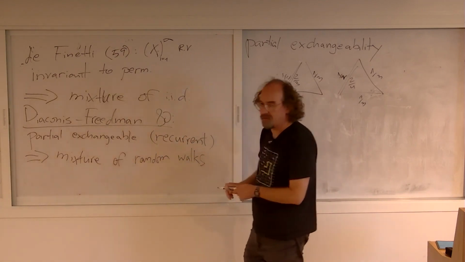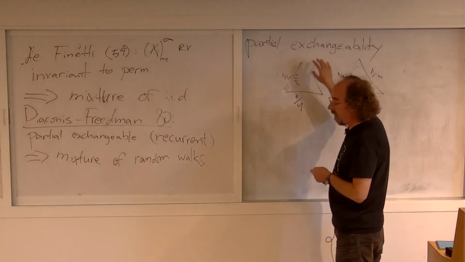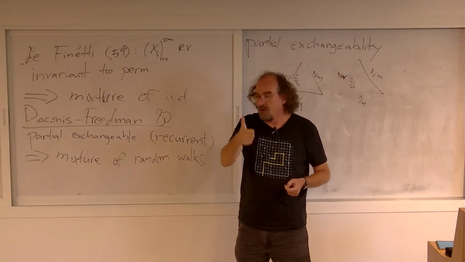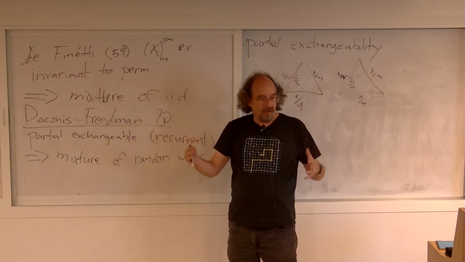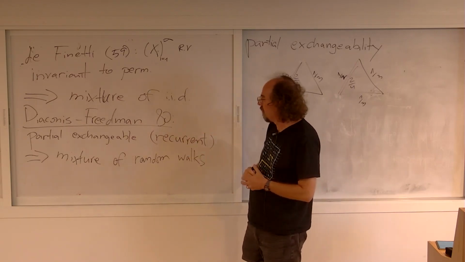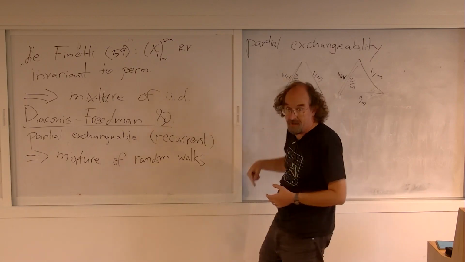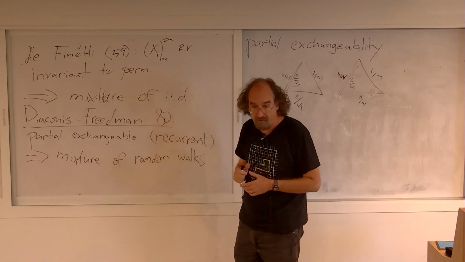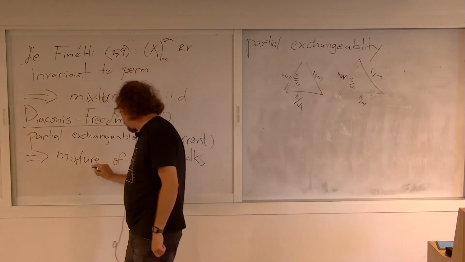So partial exchangeability, which is exactly this property, implies that, again, you throw a big coin, you get some environment, which in the case that you are partially exchangeable in a symmetric way is a reversible Markov environment, and then you do a random walk on that. What people today usually call RWRE.